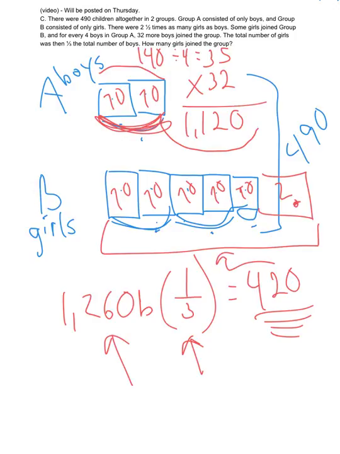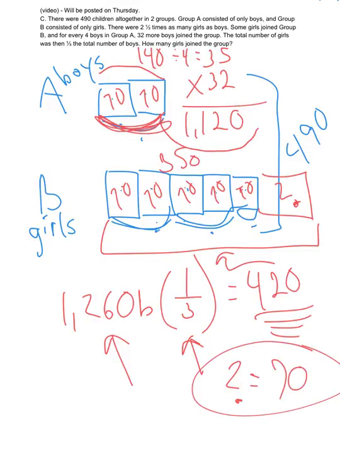Well, there are already 5 units of 70. That's 350. Well, what's the difference between 350 and 420? It's 70. That means 70 girls joined the group.